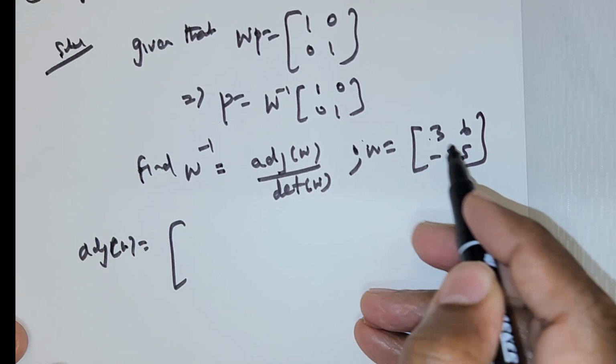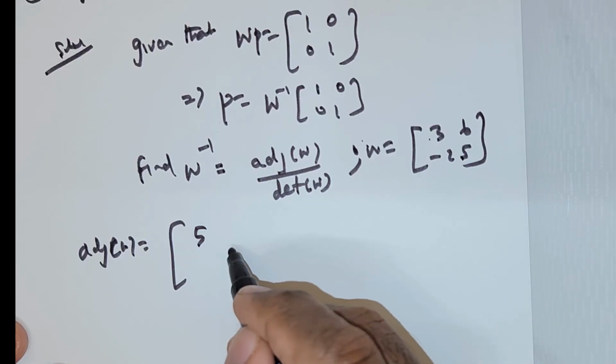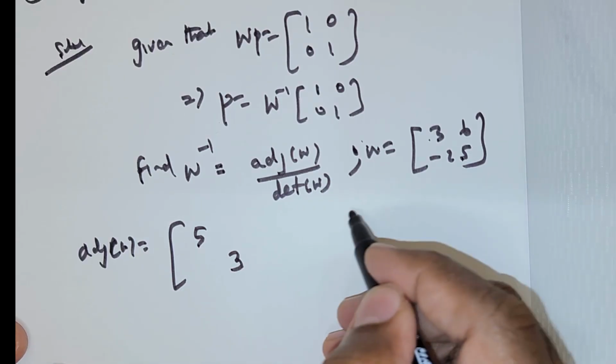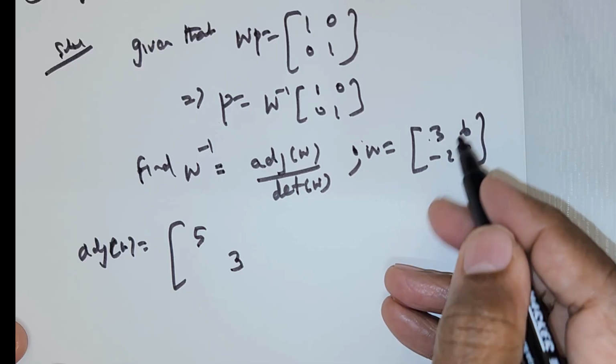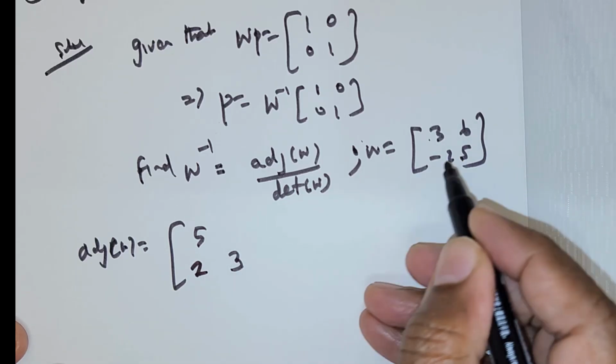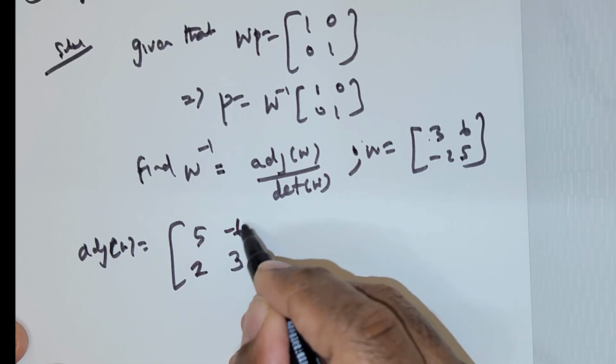So we interchange the elements. 5 goes to the position of 3, 3 goes to the position of 5, and then we multiply a negative sign along the other diagonal. So that's going to be positive 2 and negative 6.